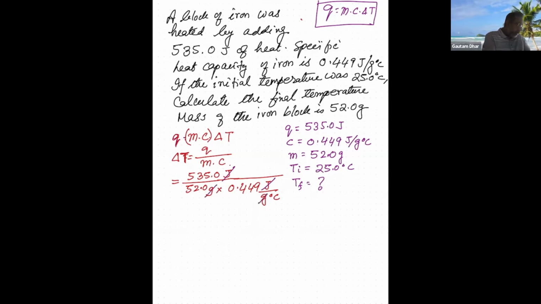So I am left with, we're trying to find delta T. So my delta T is equal to, now I need to write down the numbers before I put them into the calculator, because I don't want to do anything wrong.